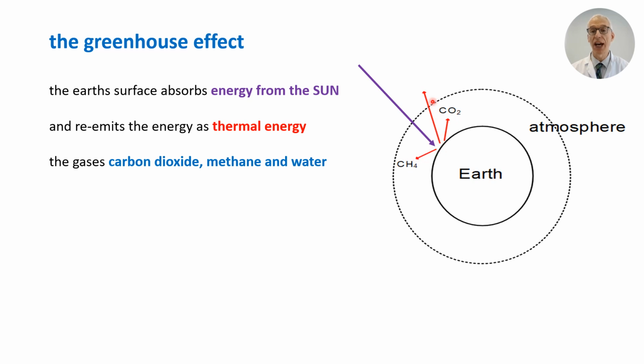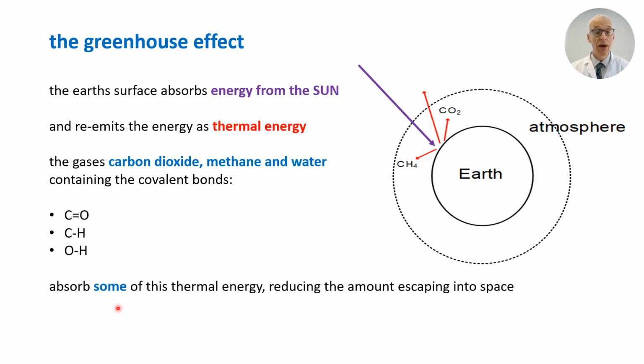Only some of that energy escapes into space. These are the bonds most associated with the absorption of thermal energy, not required at GCSE. However, some of the thermal energy is absorbed, and that reduces the amount escaping into space.